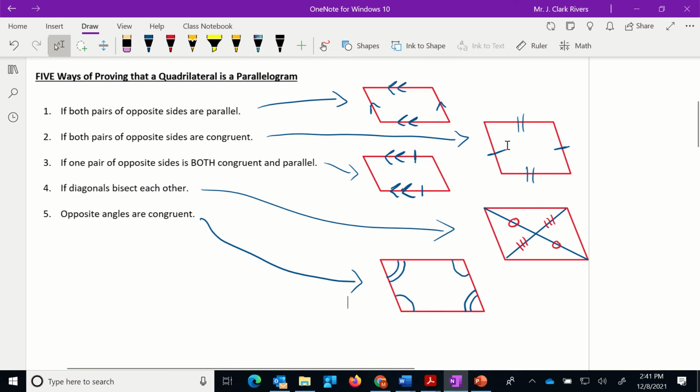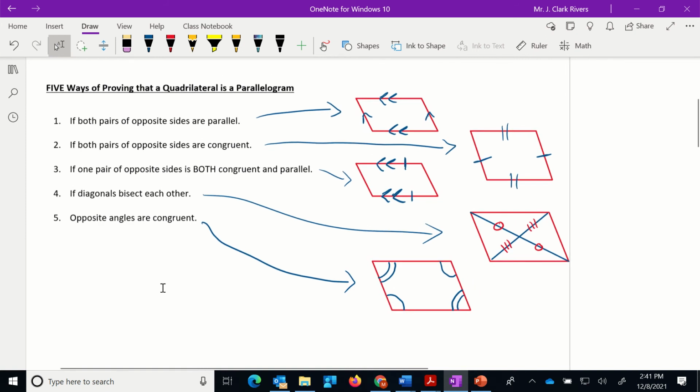So ideally, you would like to memorize these drawings, be able to recognize these drawings. You need to be able to draw them if needed. You're probably not going to be asked to do that, but be prepared to just in case. Mostly it's an application of these. Questions on that? Okay. Those are the 5 ways of proving that a quadrilateral is a parallelogram.